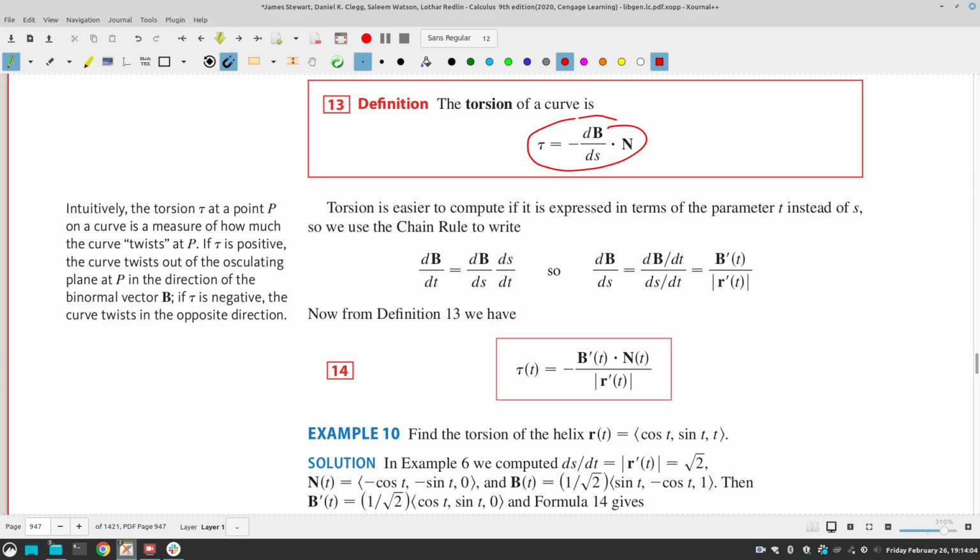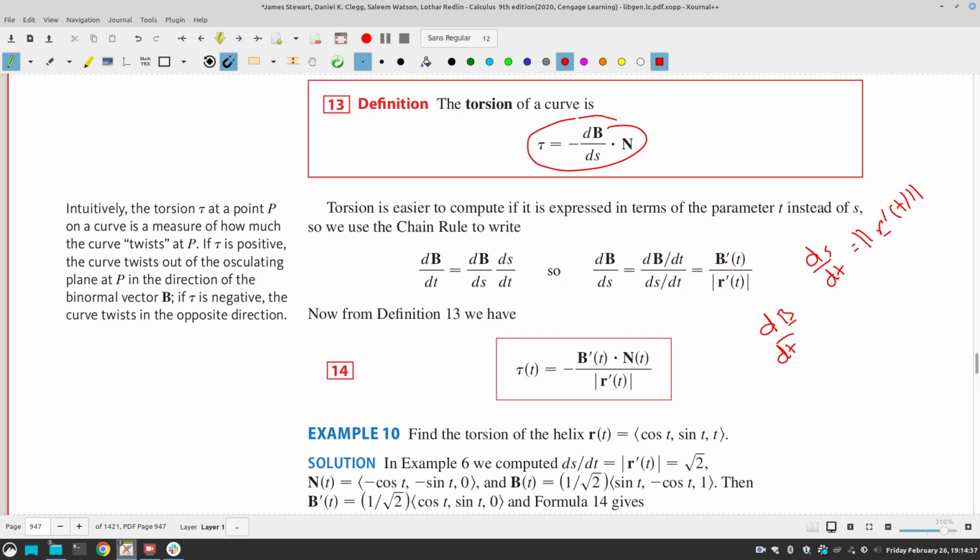Using the chain rule, for ordinary derivatives you can think of it as cancelling differentials, which leads to dB over ds equals dB over dt divided by ds over dt, which is B prime t over, remember ds over dt we calculated to be the magnitude of r prime t.